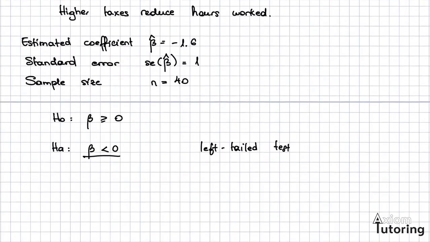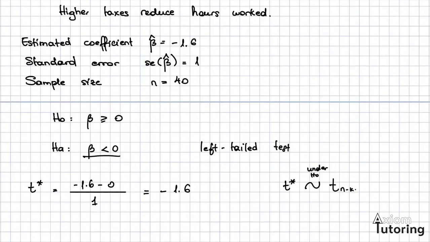And the next step would be computing the t-statistic, so our t-star, which according to the formula that we have seen so far is minus 1.6 minus 0 divided by the standard error, which is 1, which will give us minus 1.6. And we also know that this t-star under the null should be distributed under a t-distribution of n minus k minus 1, assuming we just have a simple regression in here.